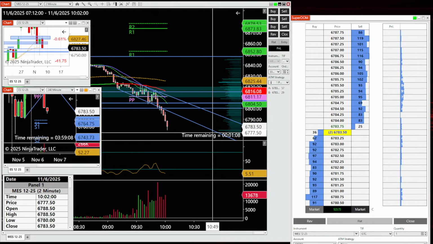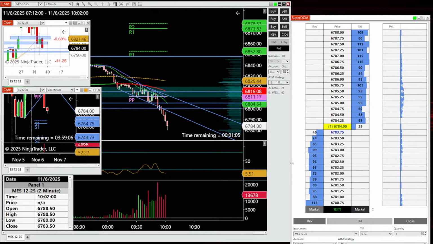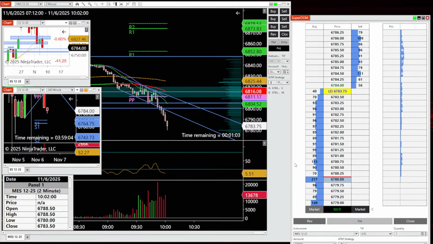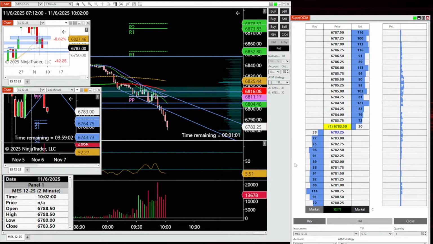Got a bounce. How much of a bounce did it get? 83 from 80. 84. 4-point bounce. 5-point bounce.